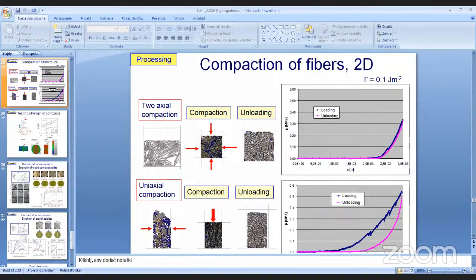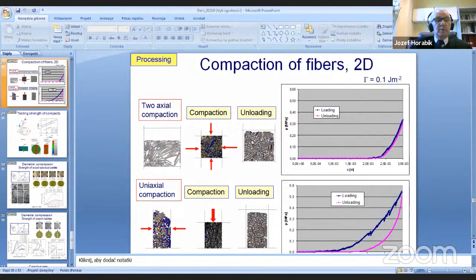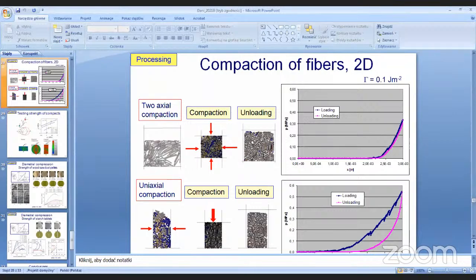So this slide is about compaction of fibers, but anyway, the time is going quickly, so I will come to some final slides. Well, another important part of modeling is the processing and the determination of the strength of, for example, pellets.